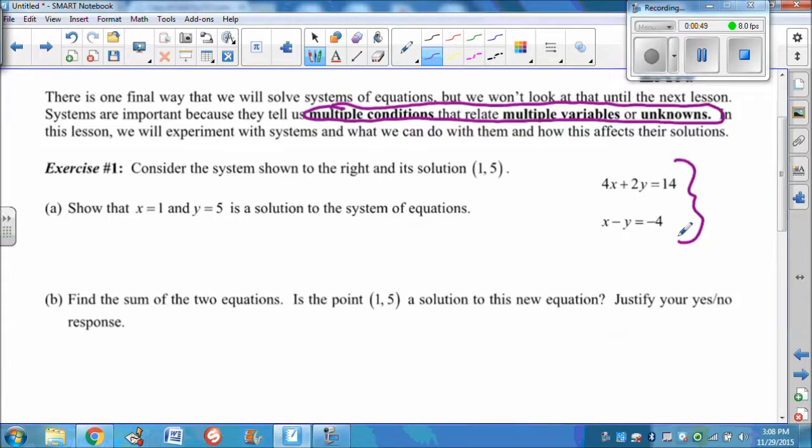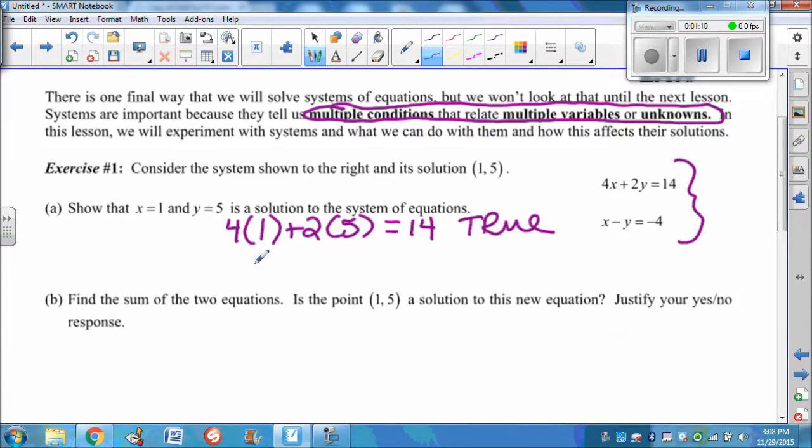It says show that x equals 1 and y equals 5 is a solution to the system. So that's where we start, and we do our substitution. 4 times 1 plus 2 times 5, does it equal 14? We're going to check to see if that's true. That's 4 plus 10, and 4 plus 10 is certainly 14.